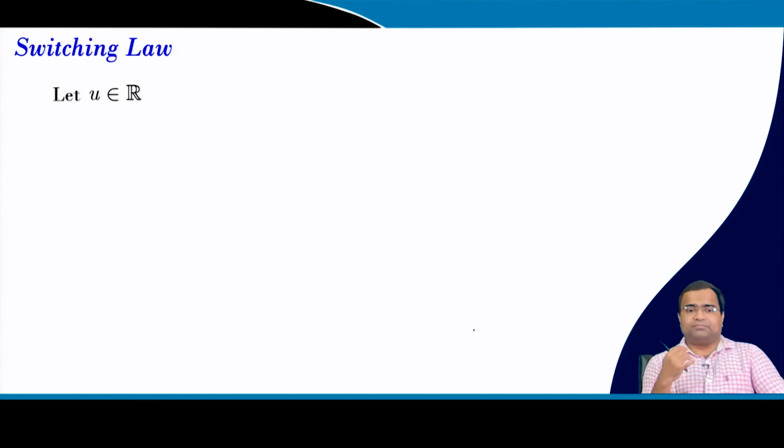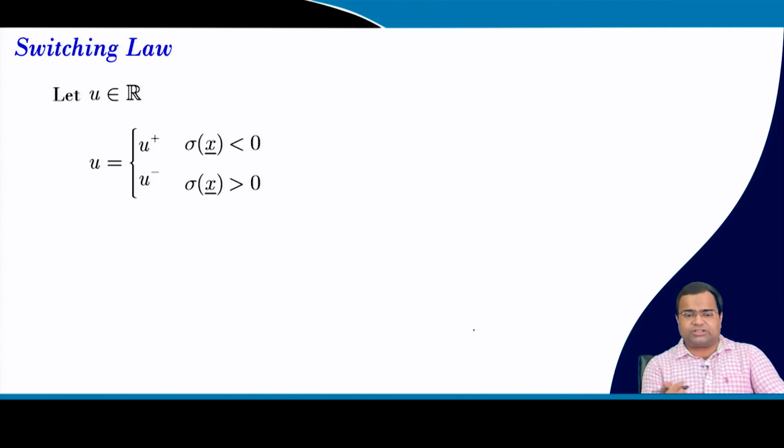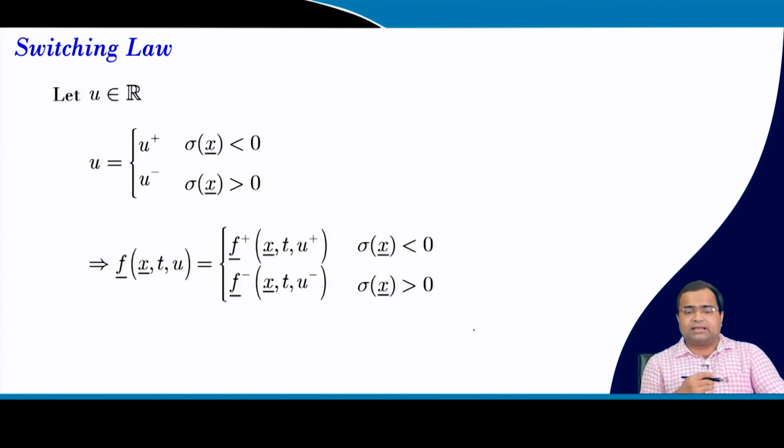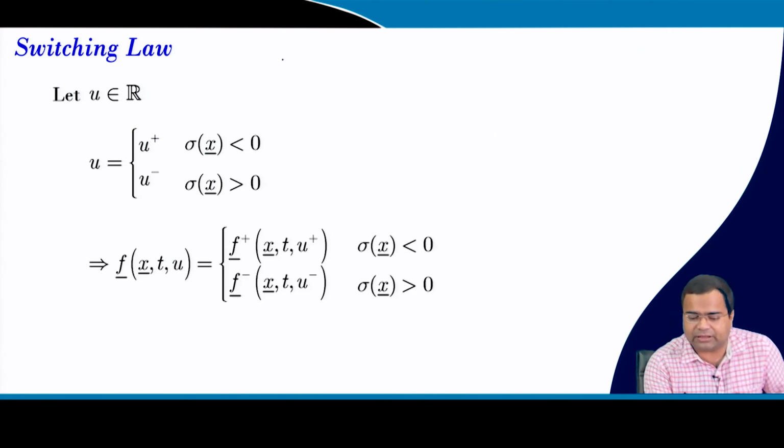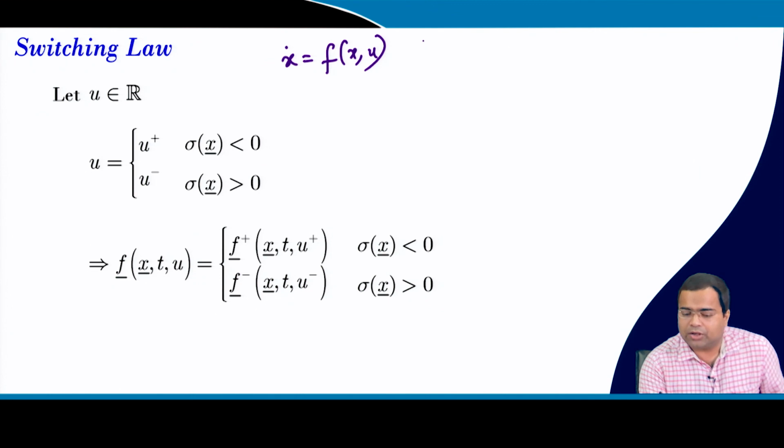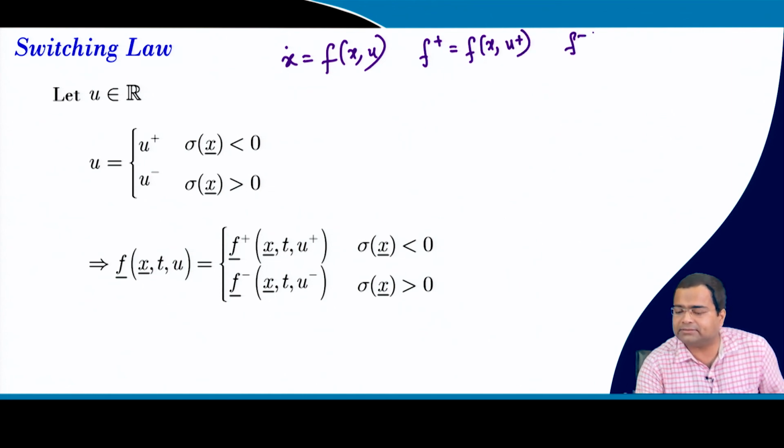So, the switching law: if you consider switching law u plus and u minus, suppose for example x dot equals f of x comma u. So f plus indicates f of x comma u plus, and f minus indicates f of x comma u minus.